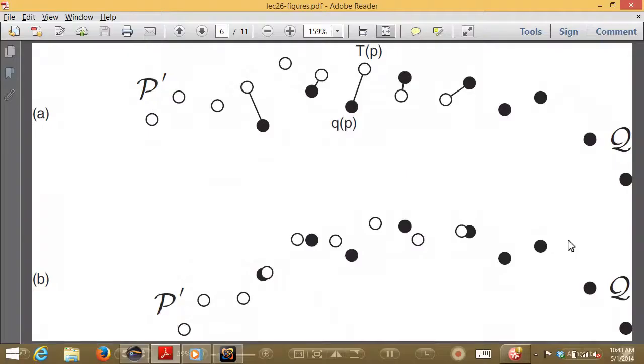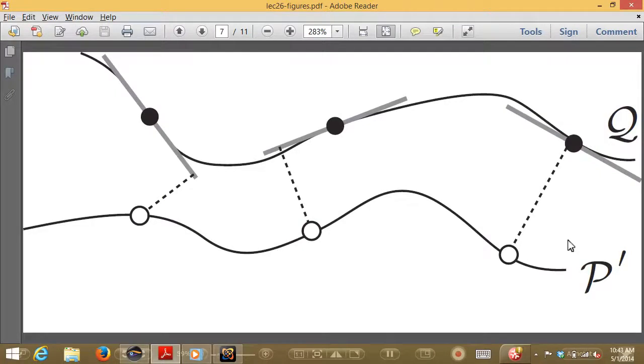One very common adjustment is, instead of literally matching point to point, you match what's called the point to plane distance. Here, for every point in Q, I estimate the normal to the surface, and then the distance is from the white dot to the plane defined by the black point and its normal.